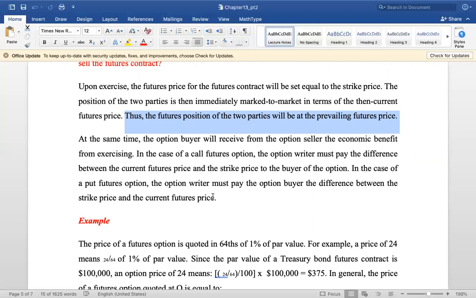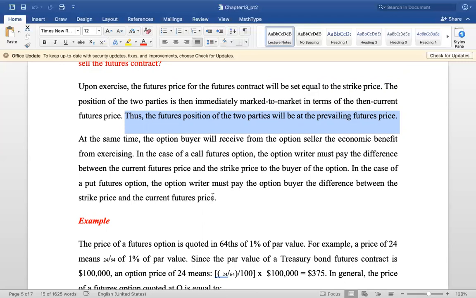For example, suppose an investor buys a call option on some futures contract in which the strike price is 85. Assume also that the futures price is 95 and that the buyer exercises the call option. Upon exercise, the call buyer is given a long position in the futures contract at 85, and the call writer is assigned the corresponding short position in the futures contract at 85.